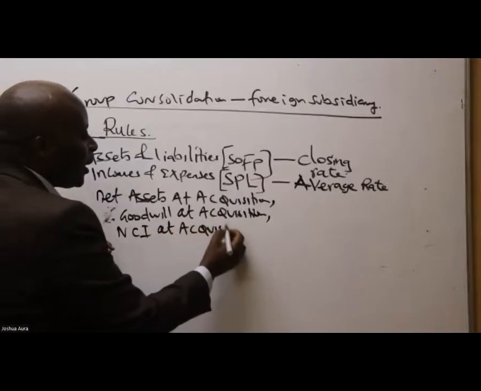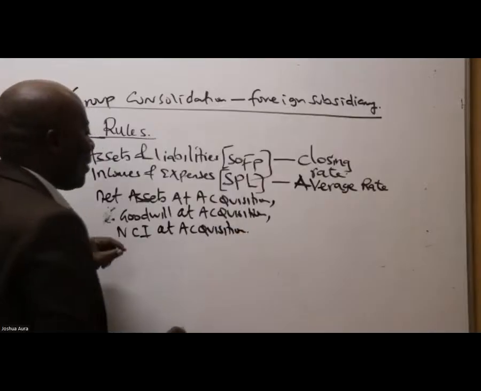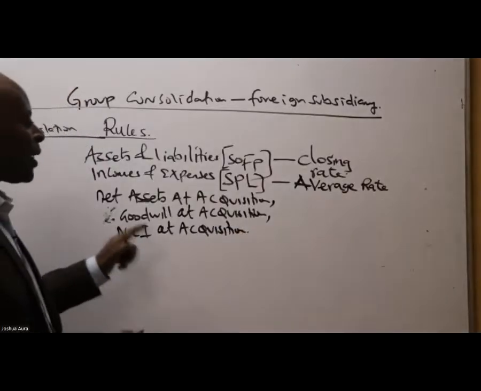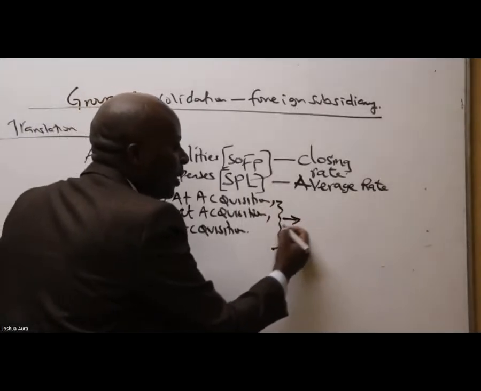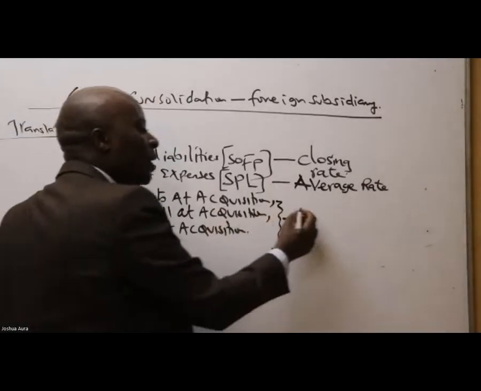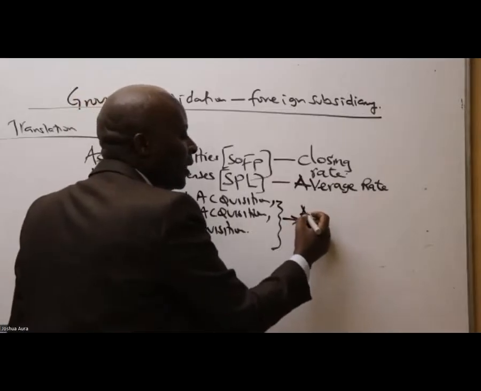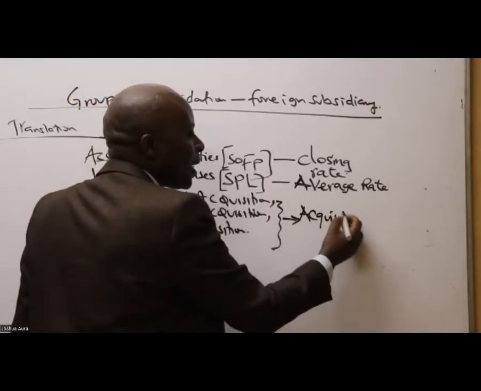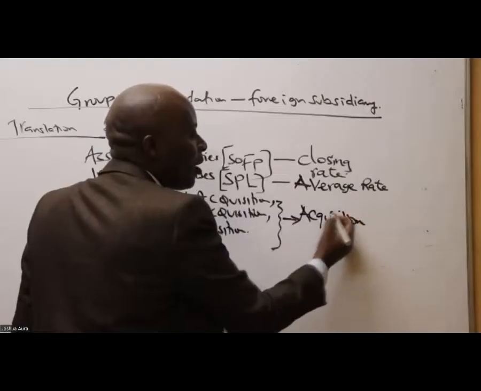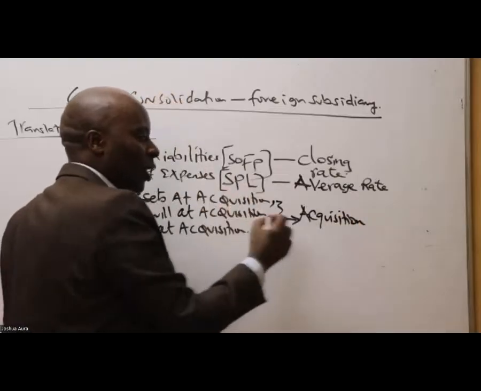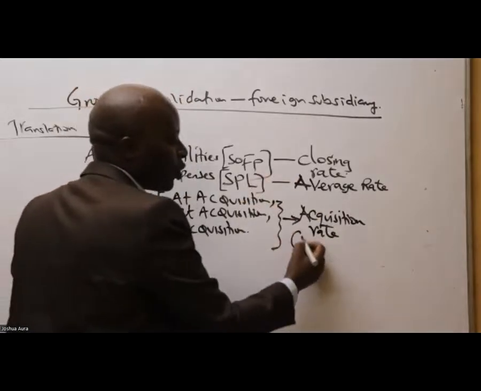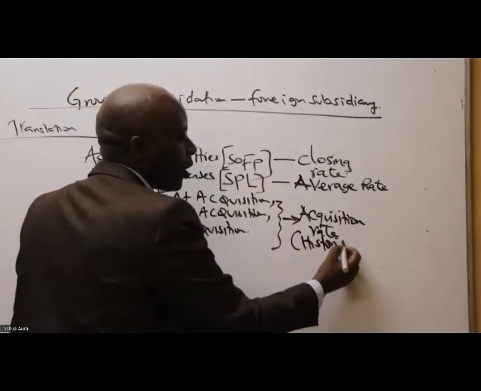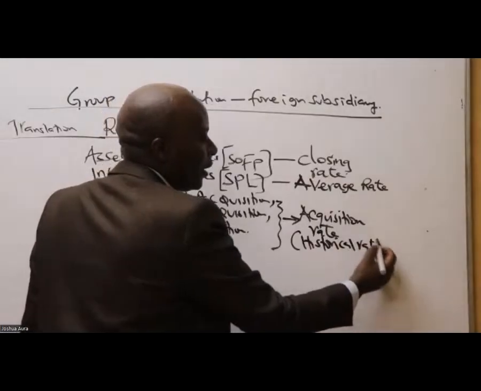Anything in this case that this examiner is using the words at acquisition, everything here we shall be translating using the acquisition rate, the rate which existed on the date of the acquisition. So the acquisition rate, some books call this the historical rate.